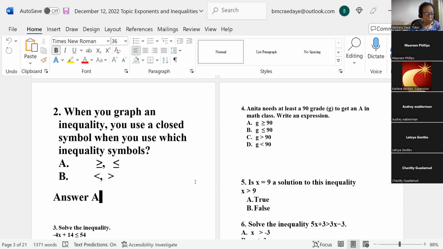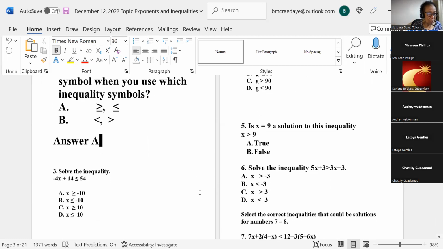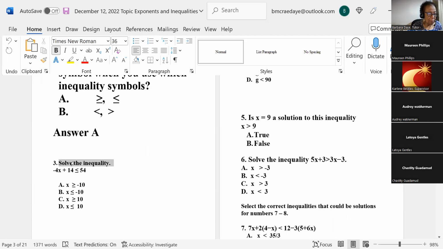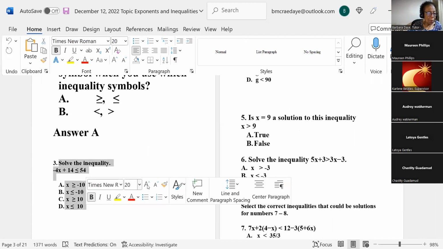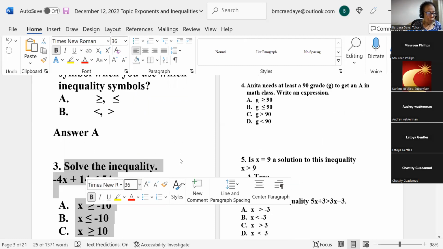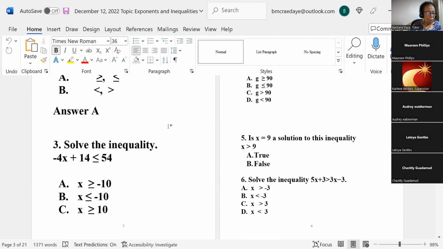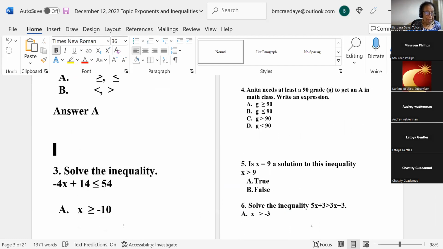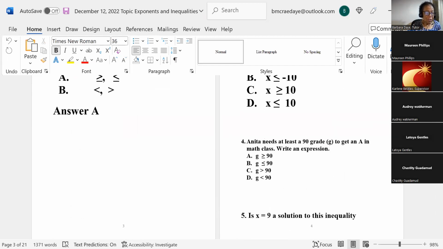Okay, Audrey, I want you to do number 3. This is solving an inequality. Let me make it bigger for you. And I'll put it on the next page so we have all of the choices together.